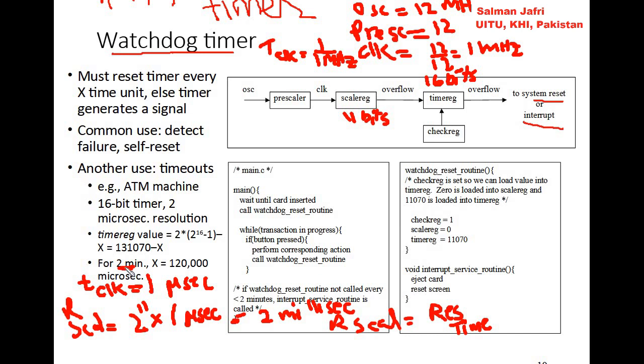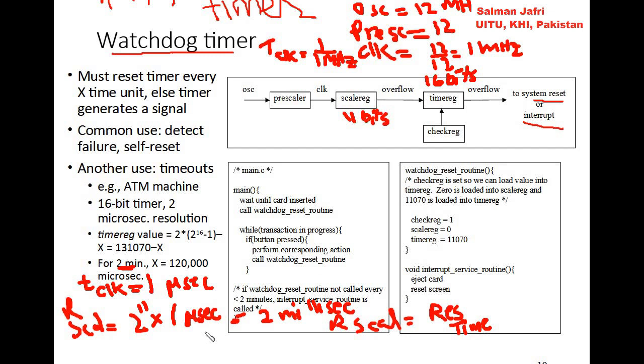It is 2 into 60 into 1000, which is 120,000, right? So what should be the time register value? The time register value would be 131070 minus 120,000, which is the value of x.